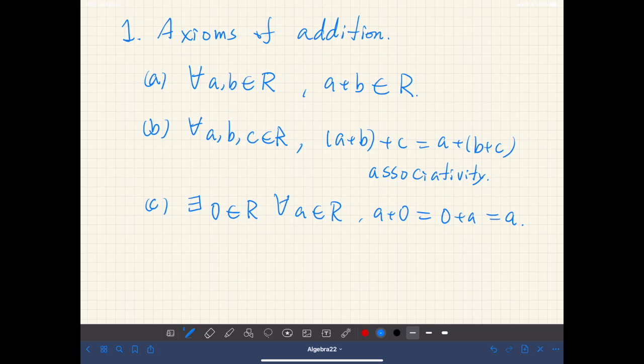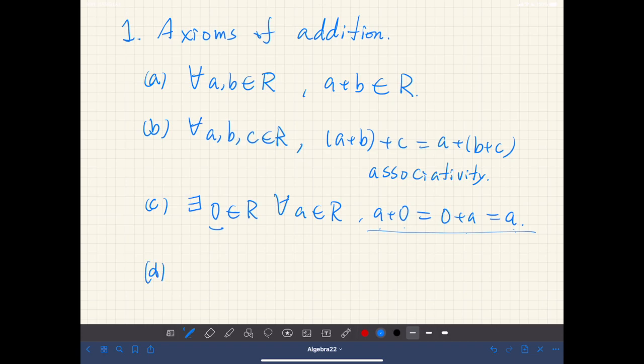So this element 0 is defined by this behavior. By adding 0 to a, either from the left or from the right, we get the same a. So it has no effect on the addition.